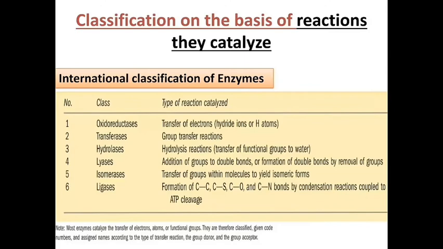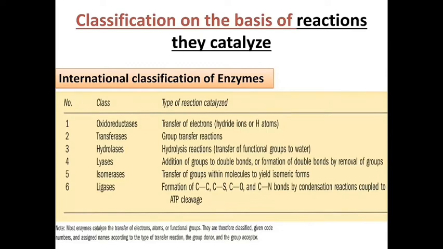Now coming to another type of classification, that is based on the reactions they catalyze, enzymes can be of six types, that is oxidoreductases, transferases, hydrolases, lyases, isomerases and ligases, and each of them serves in different kinds of enzymatic reactions.